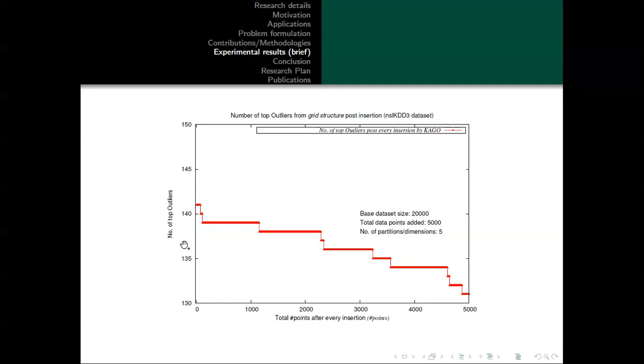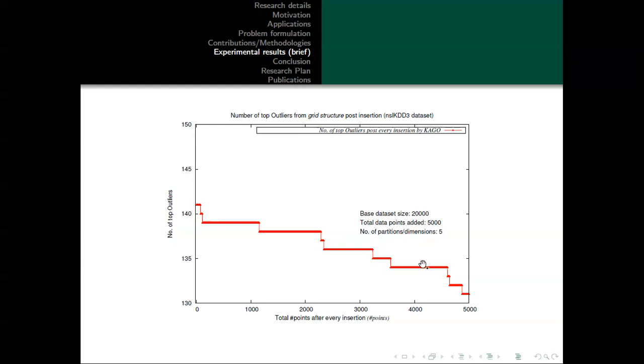These are the number of outliers. This is for a sample data set, NSL KDD3. As we kept on adding the number of data points, you can see the number of outliers also kept on reducing. That's because a particular grid cell, say if it started with around 140, 141 outliers, because of repeated insertion, that place has gradually become dense, and it is now overcrowded by the data points.